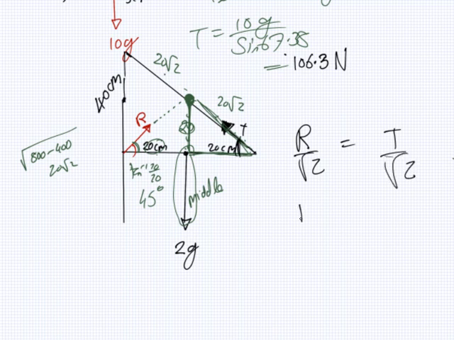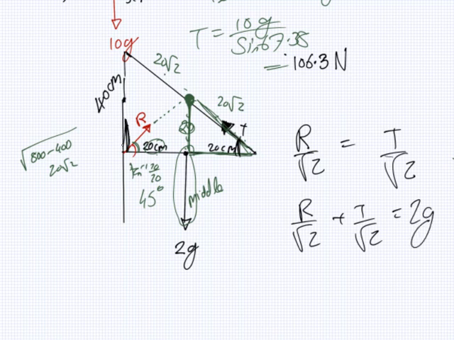I can also say R over root 2 plus T over root 2 should equal 2g. That this one plus this one equals this one here.